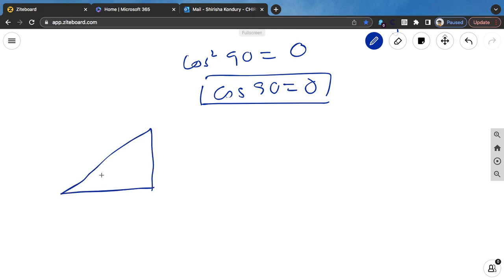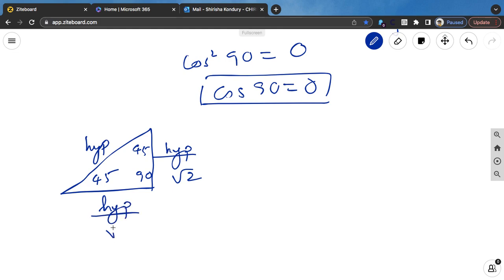Okay, let's look at the 45, 45, 90 triangle and again define our ratios. So I have hypotenuse, and this is how I define. So sine of 45 is opposite side upon hypotenuse.